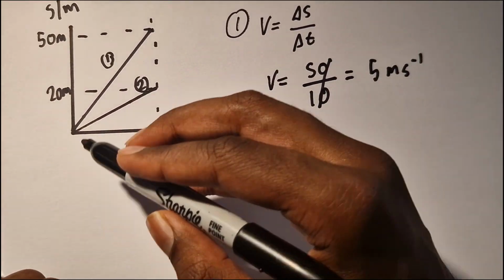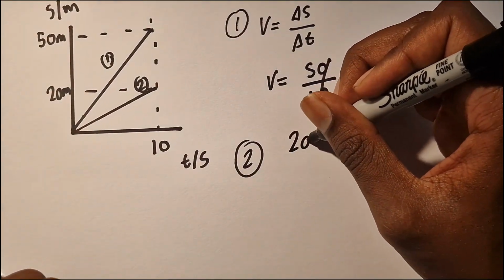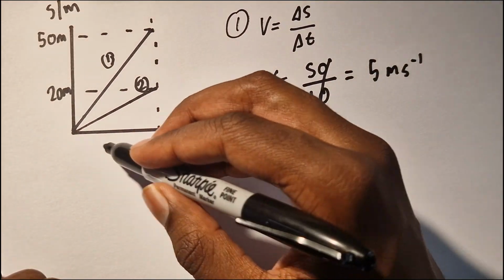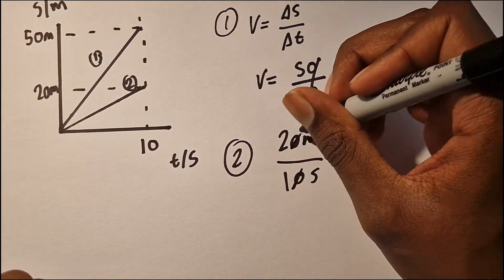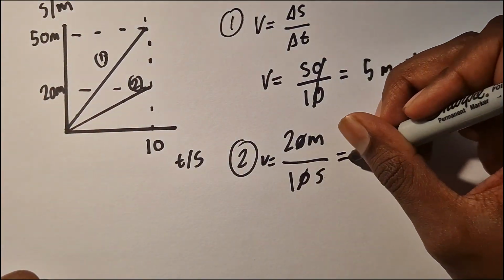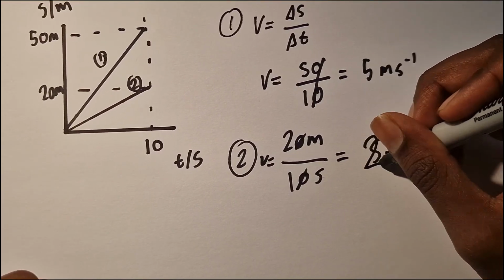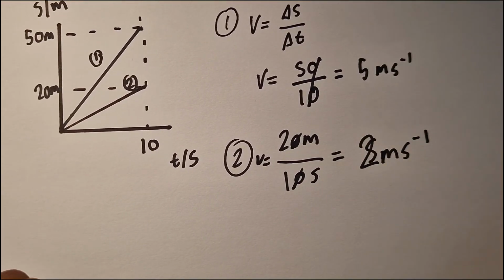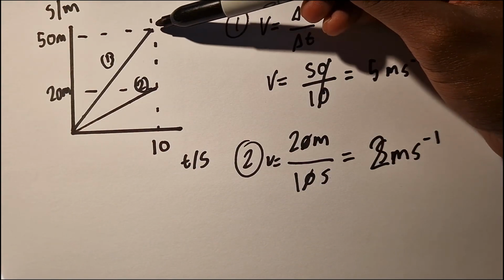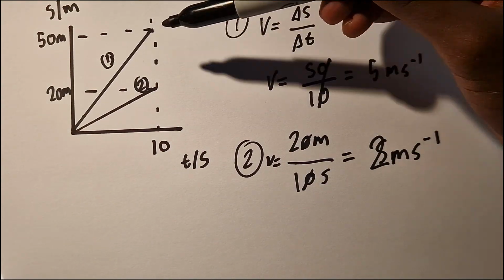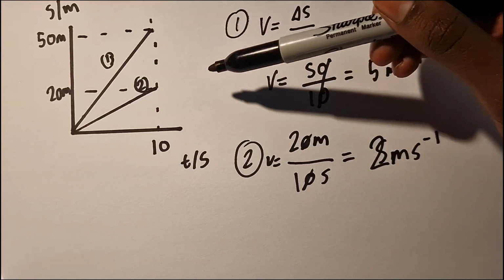Object 2 has a displacement of 20 meters, and it does this in 10 seconds. So this velocity is equal to 2 meters per second. So here we can see that objects with a steeper gradient on the displacement time graph have a greater velocity than objects with a shallower gradient.